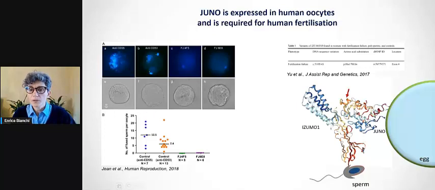And there is also one case reported of a woman with infertility that has a homozygous missense mutation in which an amino acid in Juno is modified. And so both data strongly suggest that Juno is required for fertilization in humans as well.